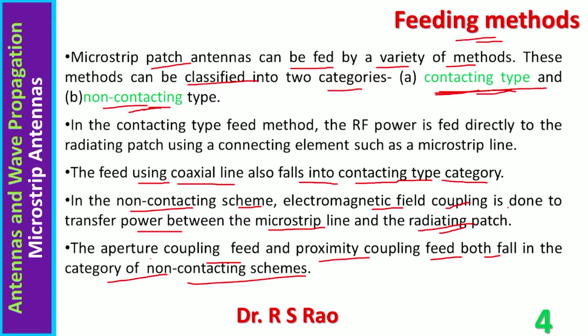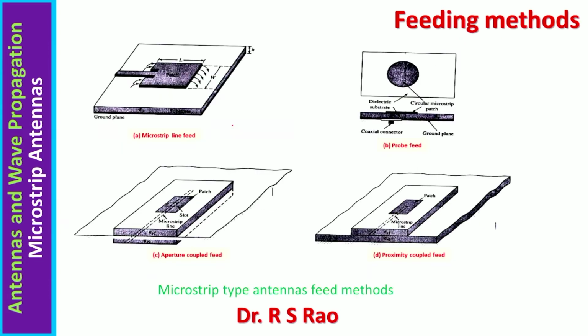Aperture coupling feed and proximity coupling feed are examples of non-contacting type. The feed methods are illustrated here. Microstrip line feed. This is microstrip line. This is patch. These are fringe fields. Radiation happens from the fringe field. Input is supplied here. This microstrip line then carries the signal to the patch.